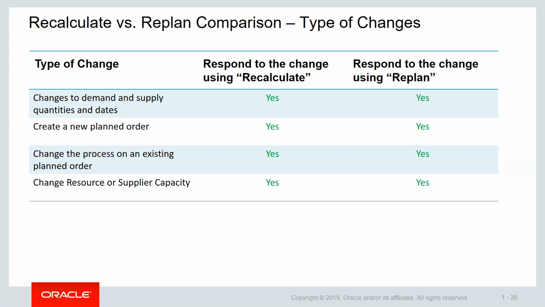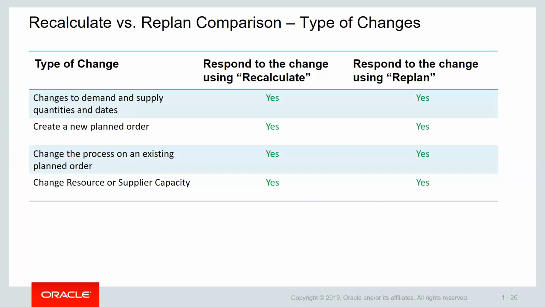For example, you can see what is going to change in the plan results using the recalculate function if you change demand or supply quantities, as well as changing resource or supplier capacities.